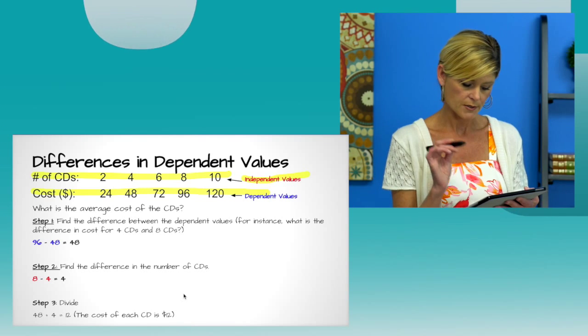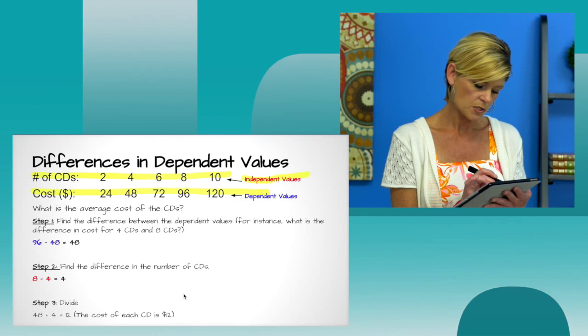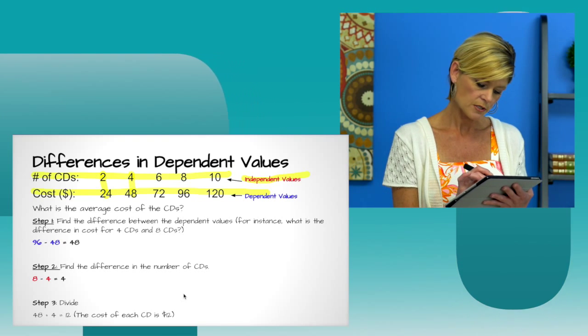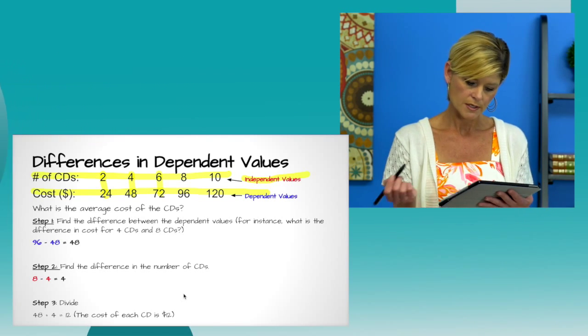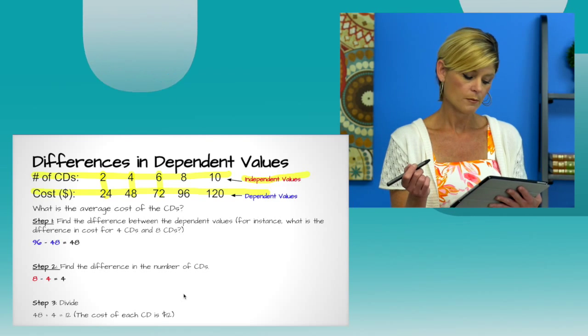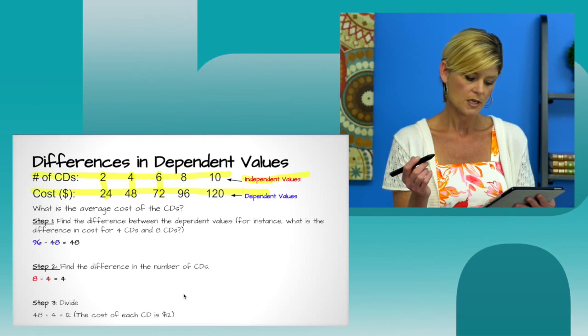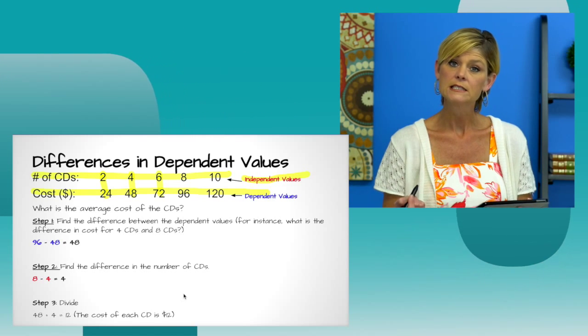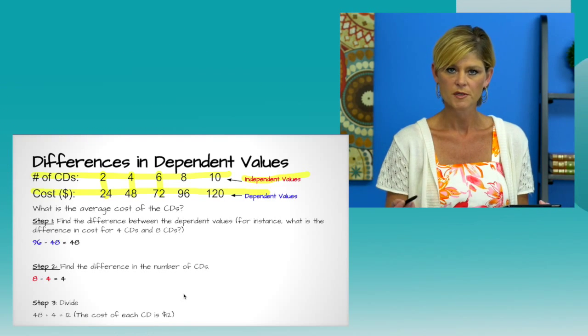Those are my dependent values. You'll see the connection: 2 CDs cost $24, 4 CDs $48, 6 CDs $72, and so on. Those numbers on the bottom are our dependent values because it depends on how many CDs are being purchased what the cost will ultimately be.